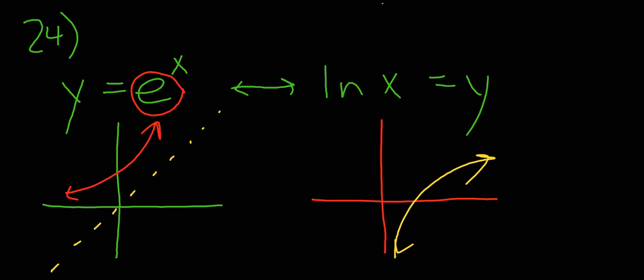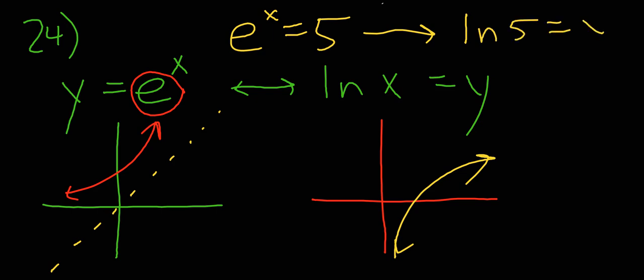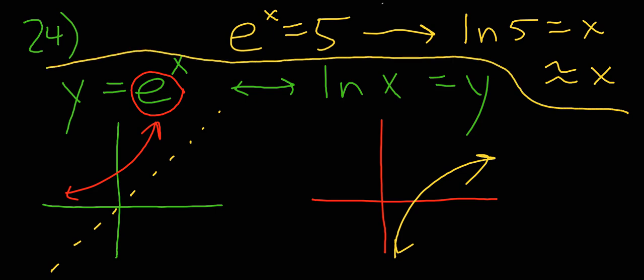You should be able to tell me domain, range, asymptotes, but no, those two functions are not the same. Now you could ask me to say e to the x equals 5, and change that to a logarithm. I could solve using a log, and then I would have ln 5 equals x, and that's something I can type on a calculator. But that's kind of a different type of question than what you asked me, I think.